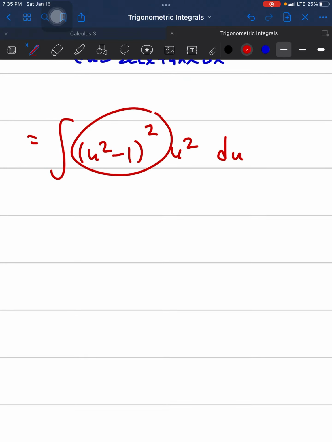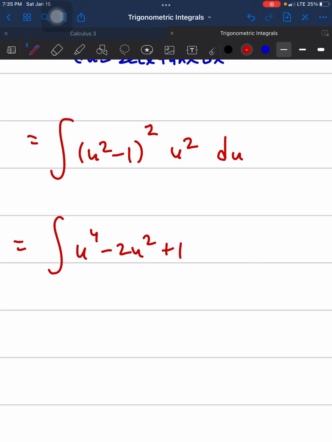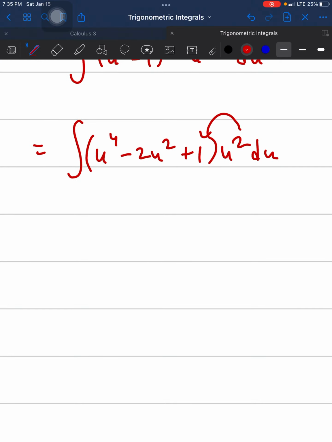So first thing we're going to do is expand this binomial. When we expand this binomial, we get u to the fourth minus 2u squared plus 1, times u squared du.